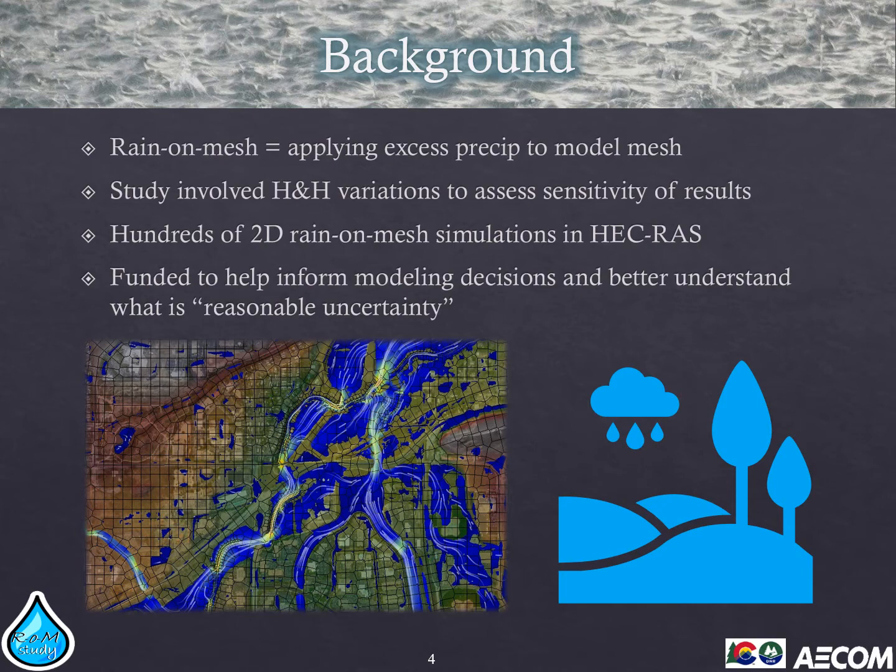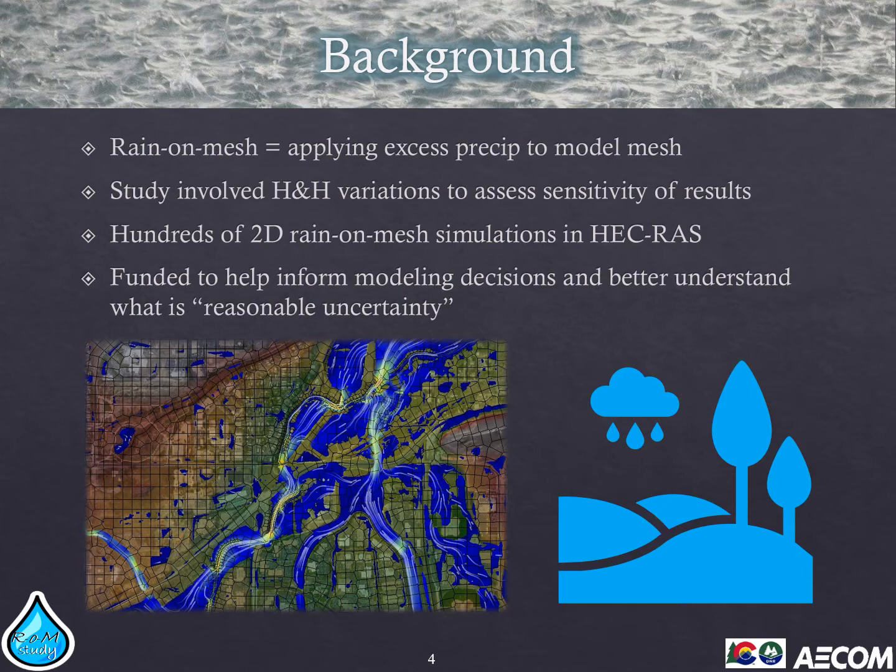We used this study to vary hydraulic and hydrologic variations to assess the sensitivity of the output results, which is often in terms of discharge, in terms of flows, or stage, or elevation. And we did this with hundreds of 2D rain-on mesh simulations using the most current version of HEC-RAS 5.0.7.